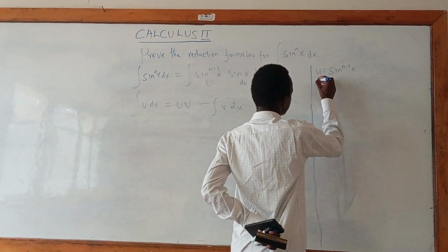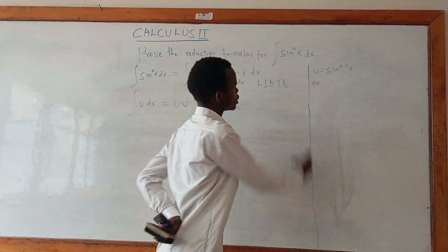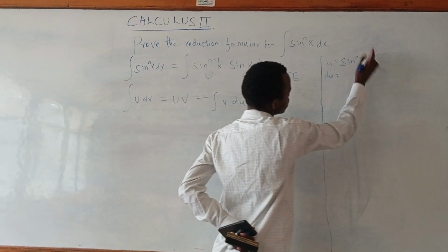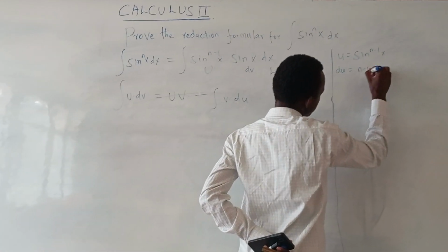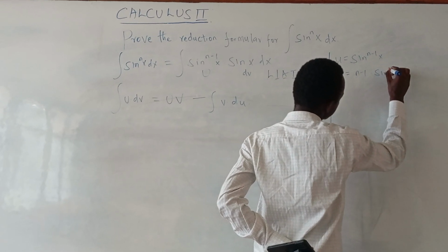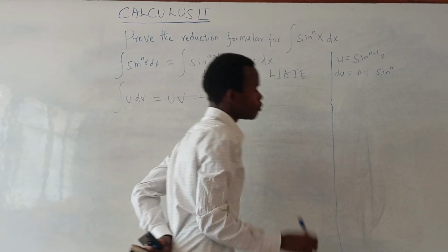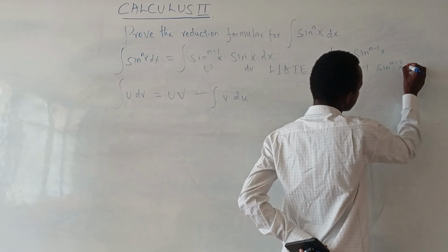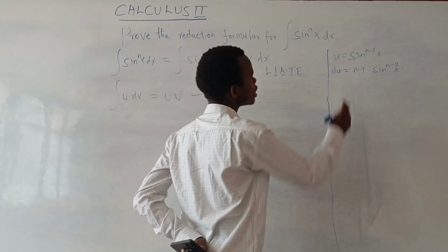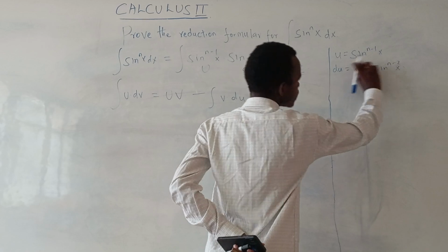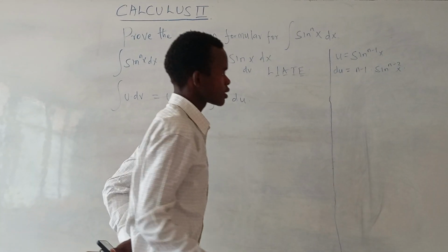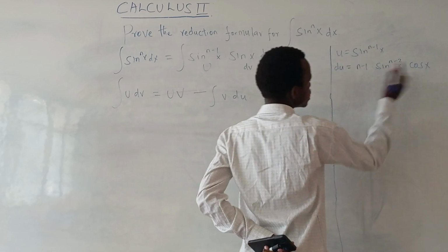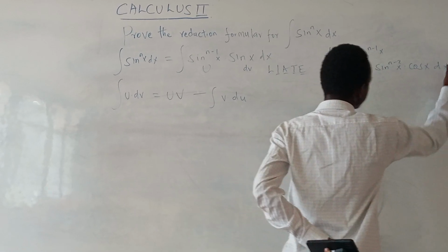So let's find our du, that's the derivative. Differentiating u with respect to x, we multiply by the power, so n minus 1 multiplied by the function itself to the power n minus 2 of x, multiplied by, by the chain rule, the derivative of sine of x, so that is cos of x, with respect to x, it will be dx.